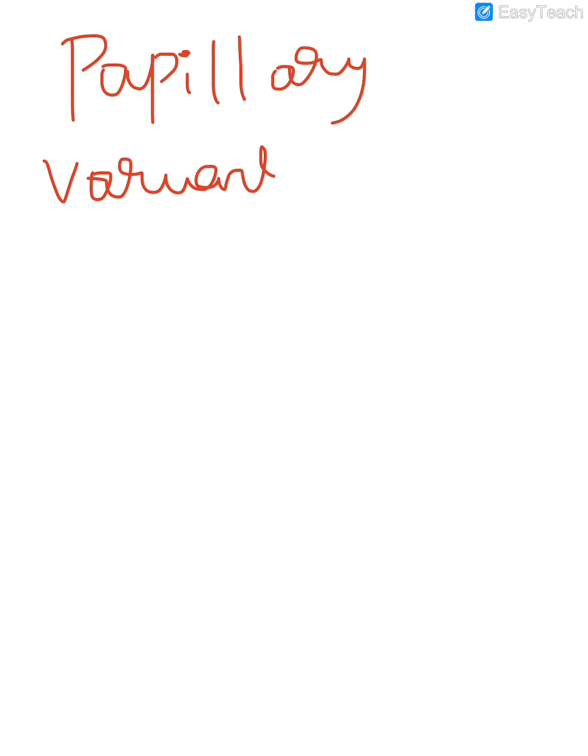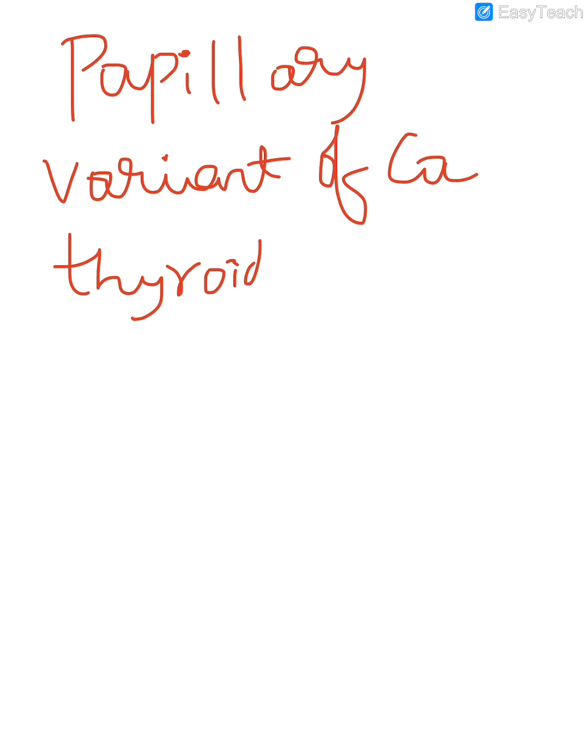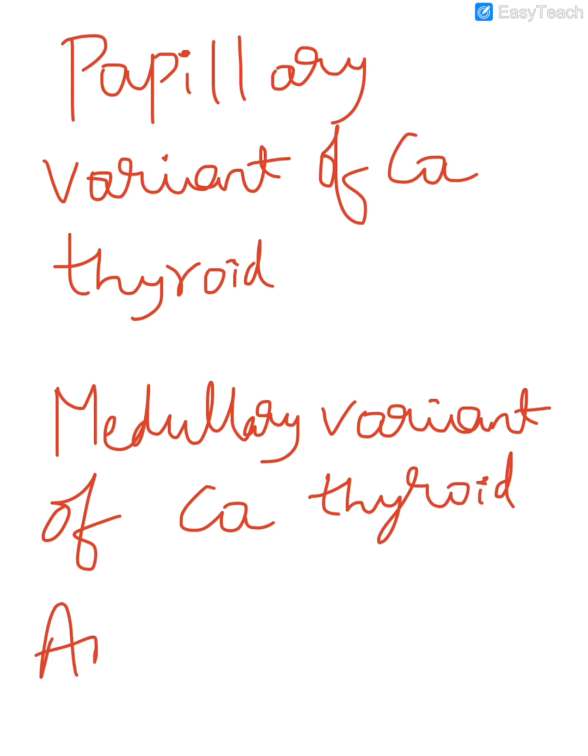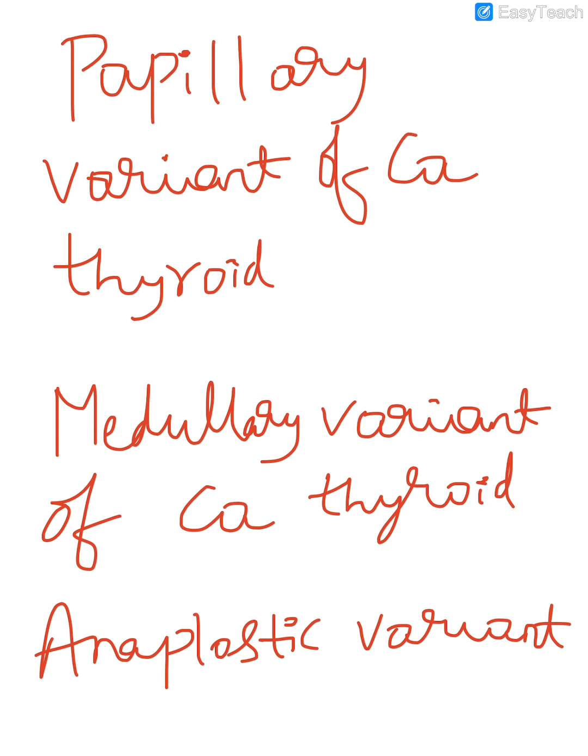What do we mean by specific type of malignancy? We mean frank papillary variant of carcinoma thyroid, frank medullary variant of carcinoma thyroid, frank anaplastic variant of carcinoma thyroid, okay.